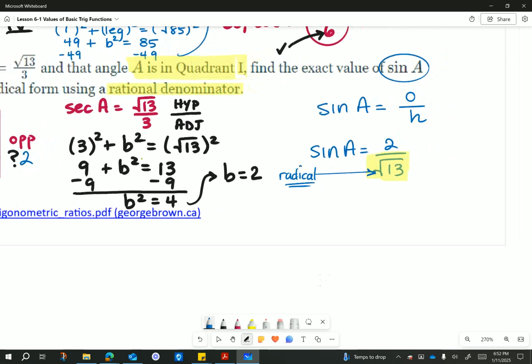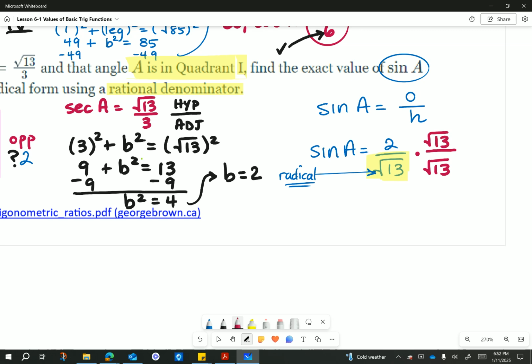So if you have forgotten what to do to be able to manipulate this fraction into becoming a fraction where the denominator is rational, here's what you do. You are going to multiply by the radical you are trying to get rid of. But if you multiply the denominator by that radical, you must also multiply the numerator by that radical.